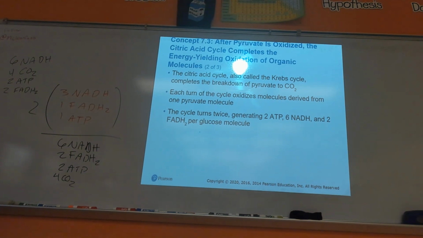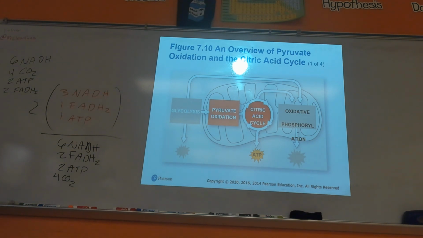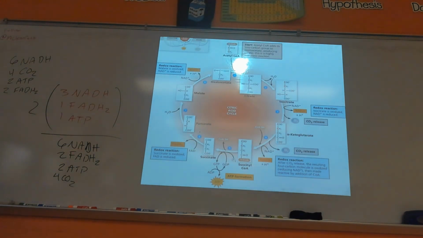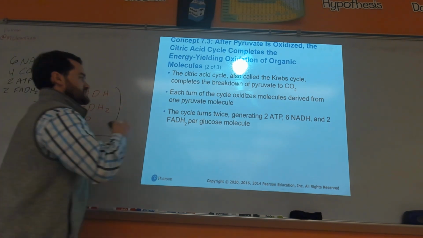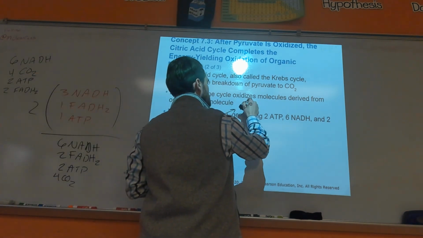Questions? Just showing you where we're at. Twice per, yeah. Good. So the cycle turns twice per glucose.